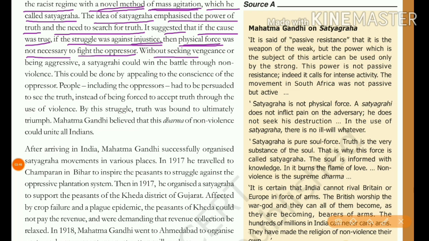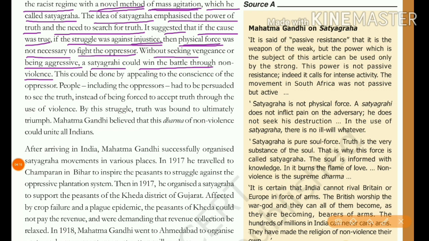Without seeking vengeance means without harming somebody, taking revenge or being aggressive. That means there is no need to show our anger through any physical violence. A Satyagrahi could win the battle through non-violence.